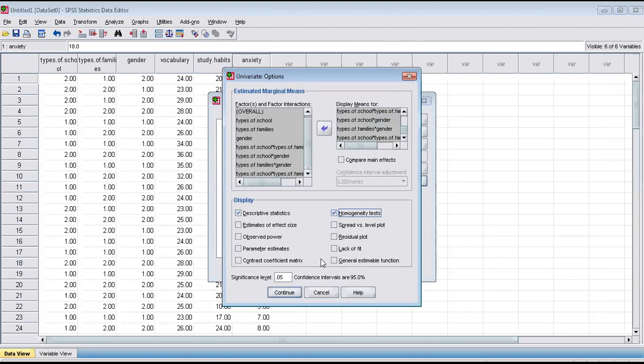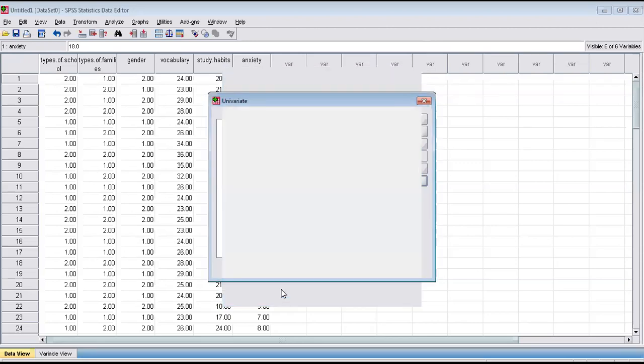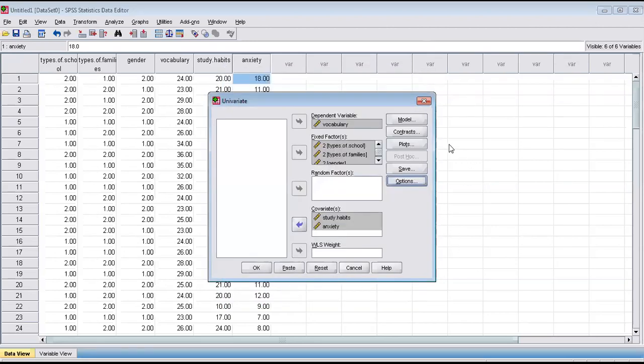The choice is yours. The level of significance here is 0.05, and let it be 0.05. I don't want to change it because the maximum allowed error is 5%. So keep it at 5%, no problem. Now I say continue, and the post hoc is not active.